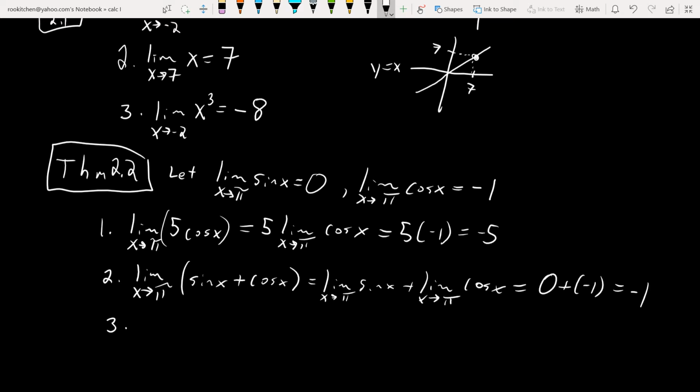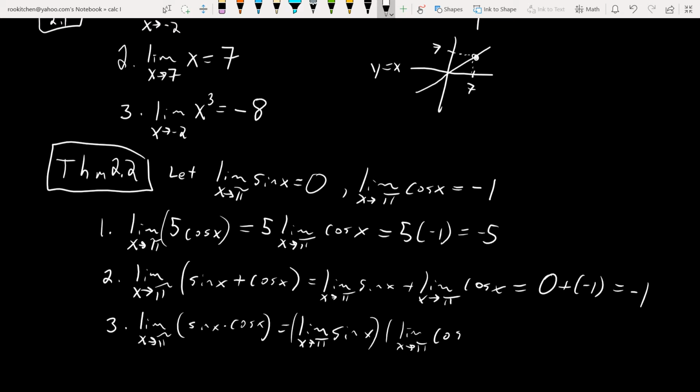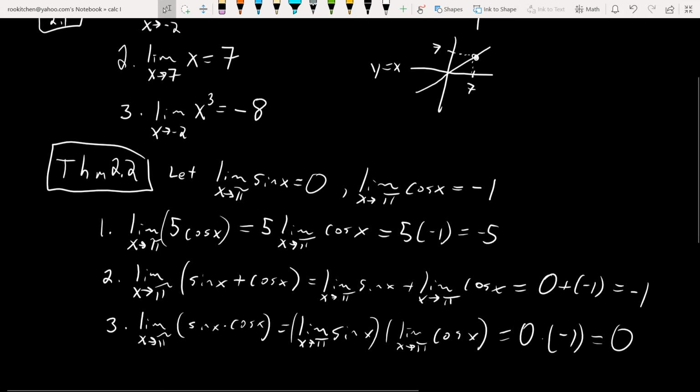Carrying on, you can do the same thing with products. So long as each individual limit exists, the limit of the product is equal to the product of the limits. So this will be equal to the limit as x goes to pi of sine x times the limit as x goes to pi of cosine x, which is 0 times -1, which is just 0.